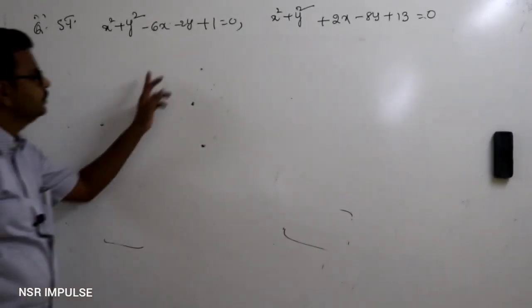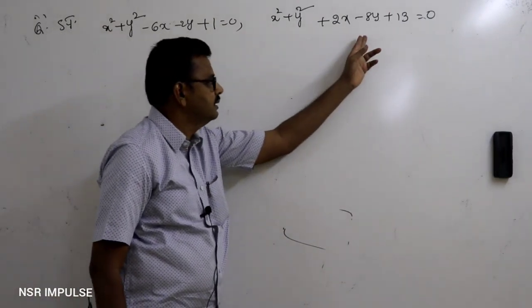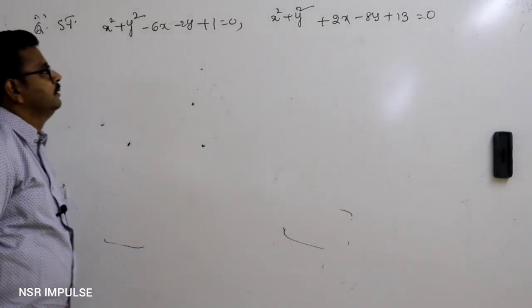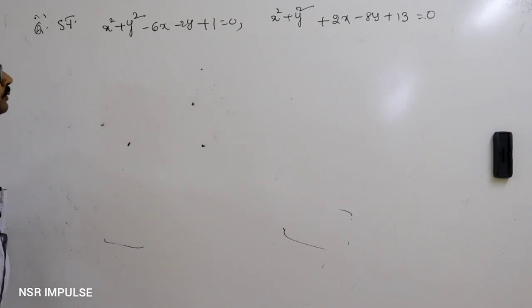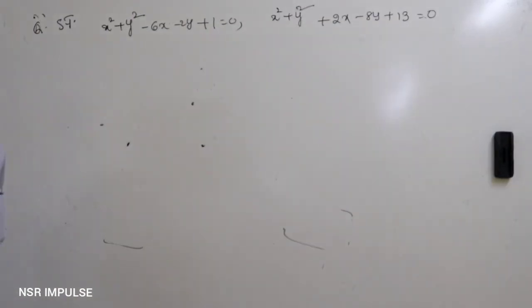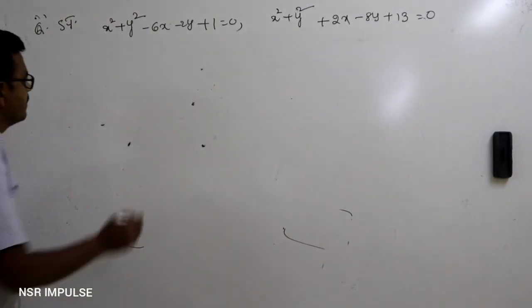Show that the two circles touch each other and find their point of contact and the equation of common tangent at their point of contact.